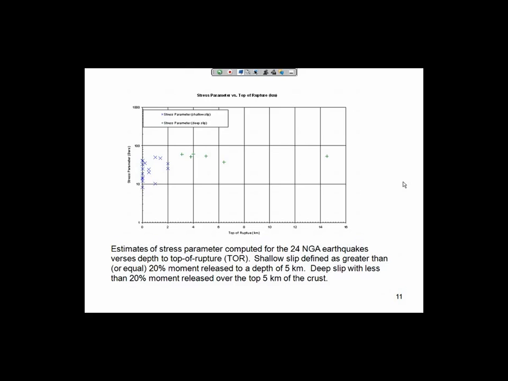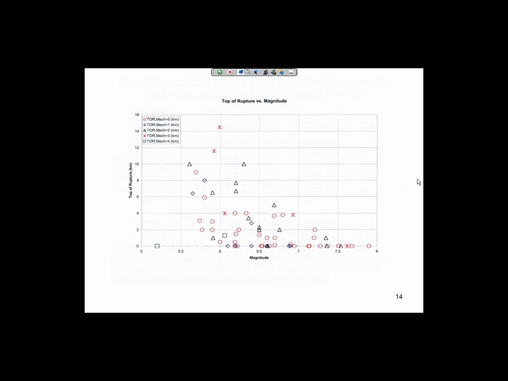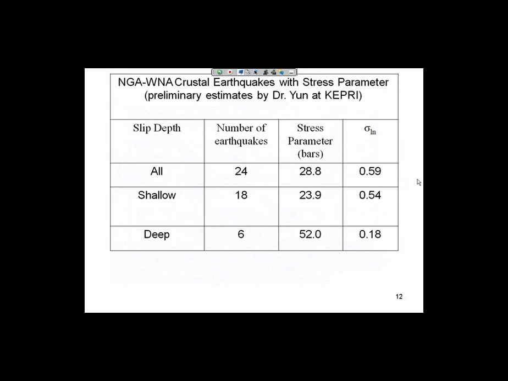So, yes, there's quite a bit, and that's shown. It's a much more complicated slide. Looking at top of rupture versus magnitude, you can try and sort out trends in top of rupture versus magnitude in that one. But this may be indicative that in the east, where ruptures tend to be deeper, the stress parameter is higher and perhaps has less variability.